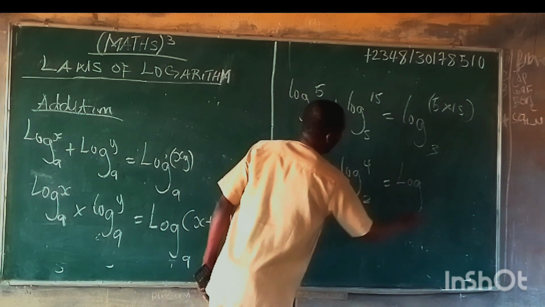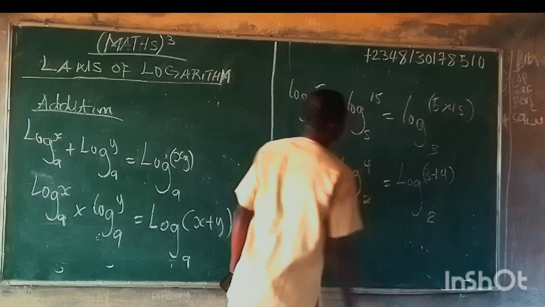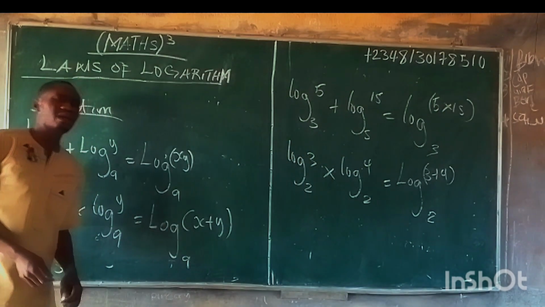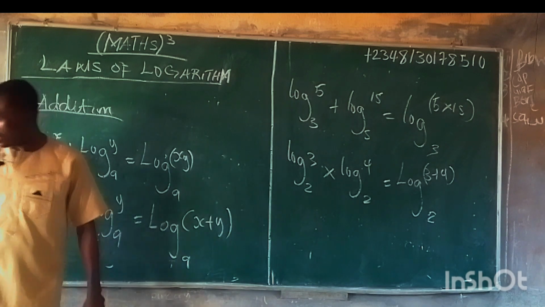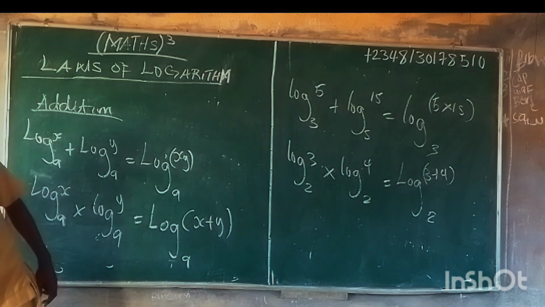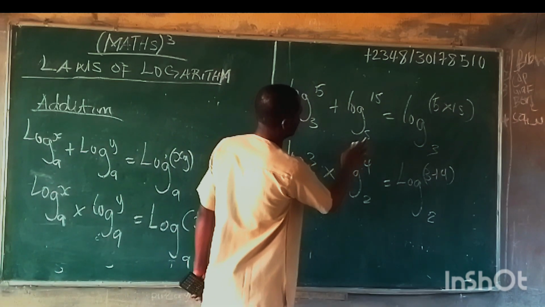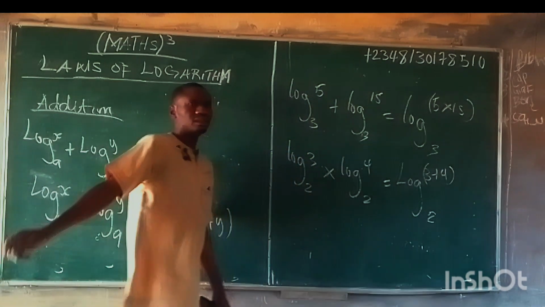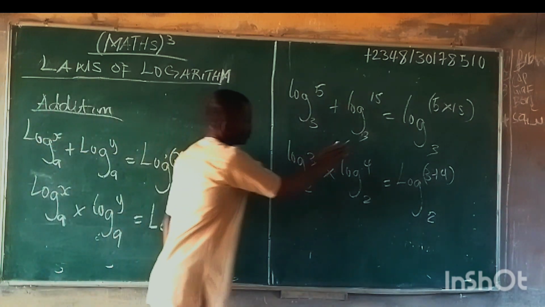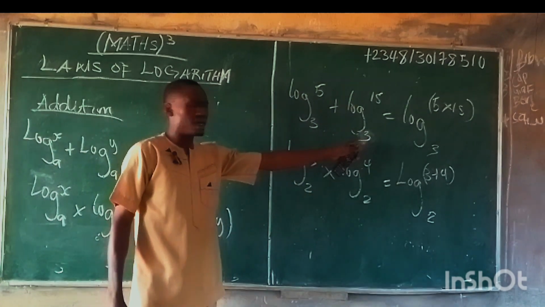This is log 3 plus 4 base 2. So this is practically what I mean when I'm talking about the laws of logarithm.